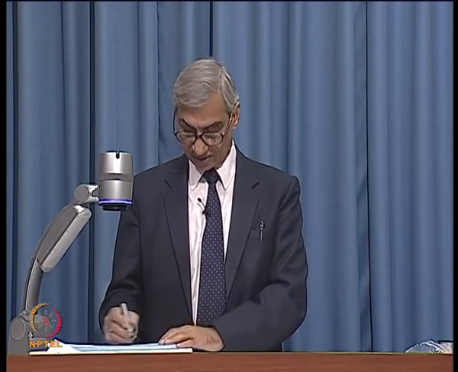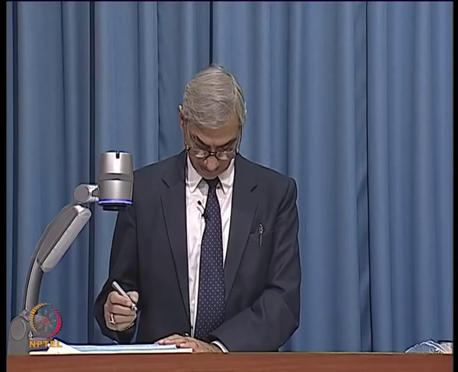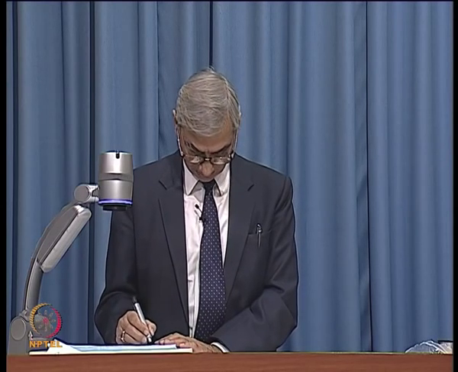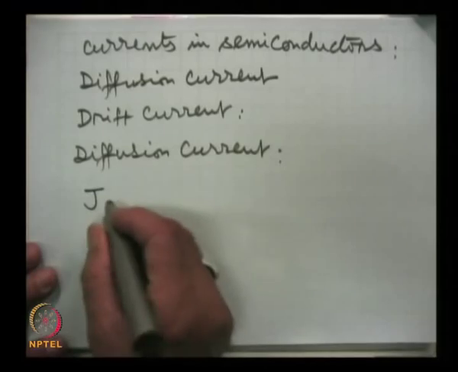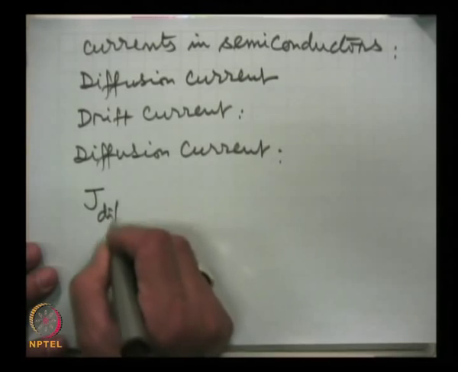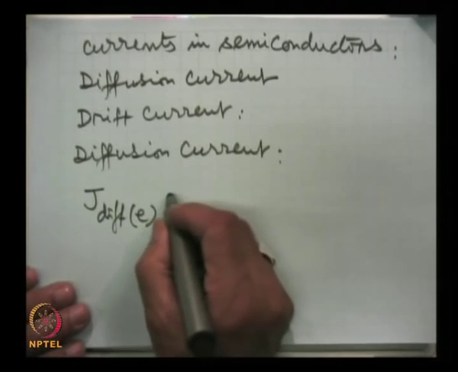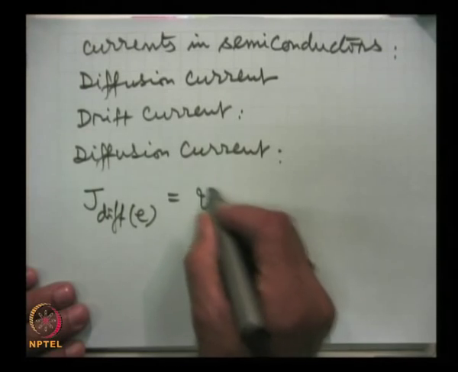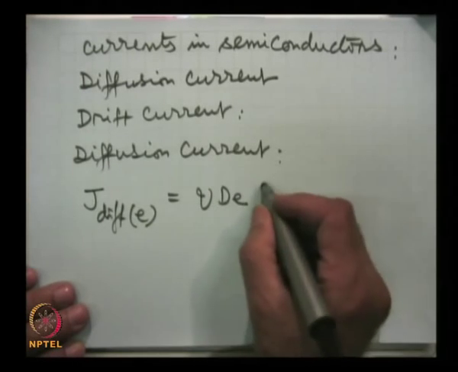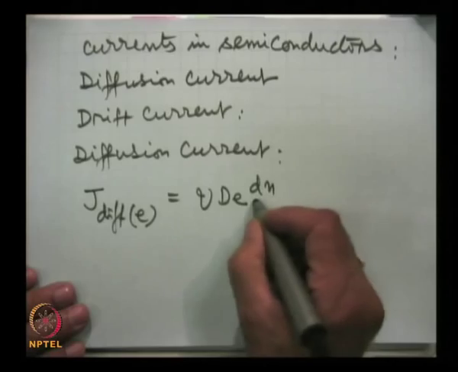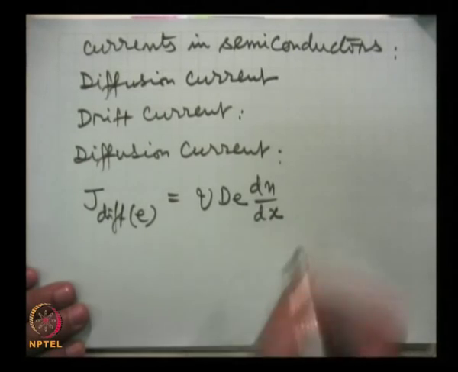So, this arises because of the concentration gradient, and the current density due to diffusion of electrons we write as q D_n dn/dx.